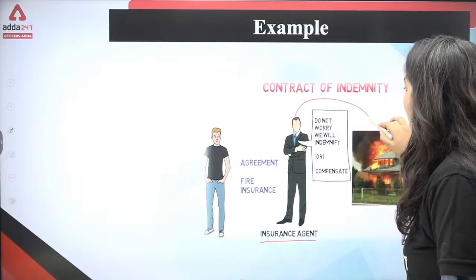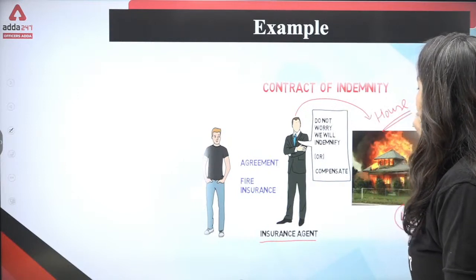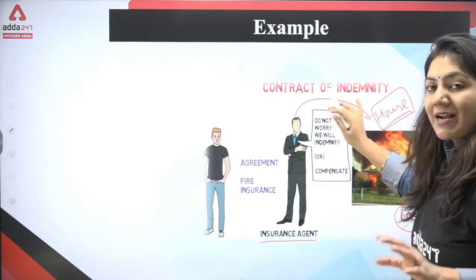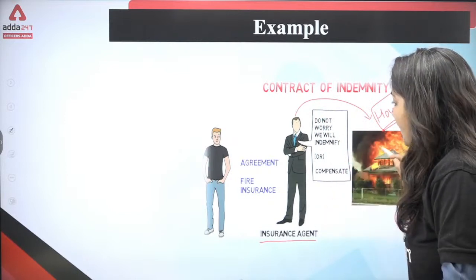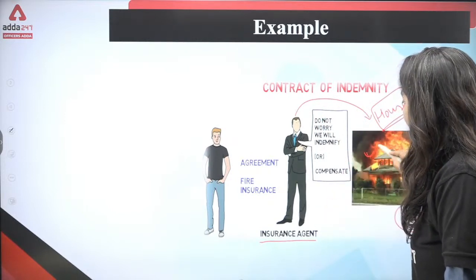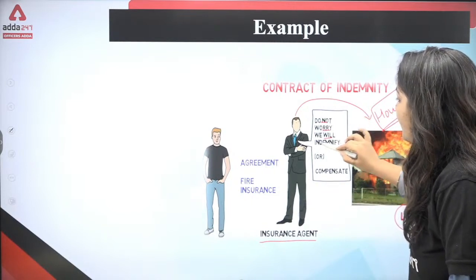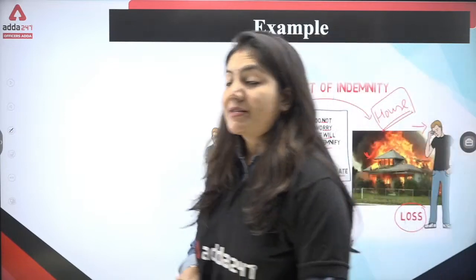He will insure the house, saying that if anything happens to that house, then I will pay. That is the simple fact of this case. Now, suppose this house got burnt, so he will say do not worry, we will indemnify or compensate. That is called indemnity.